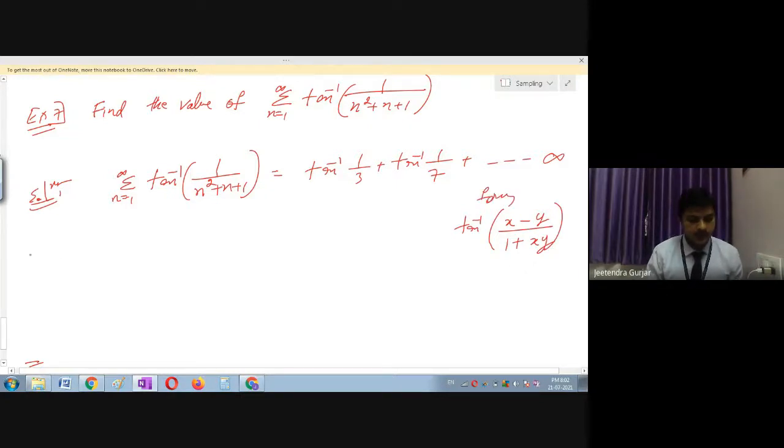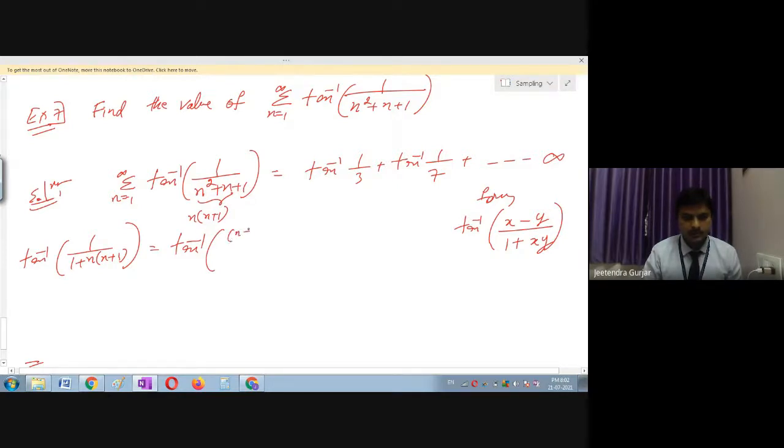So therefore I write like this now. Suppose tan inverse 1 divided by, just modify this equation now, 1 plus n into n plus 1. What I have done, I have just taken n common, so this will be n into n plus 1. This I have written. So therefore this is equal to, just I'm modifying this equation, it should look like in this form. So just I will add and subtract n here.